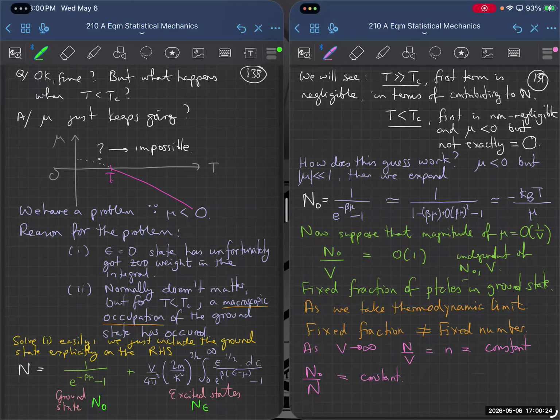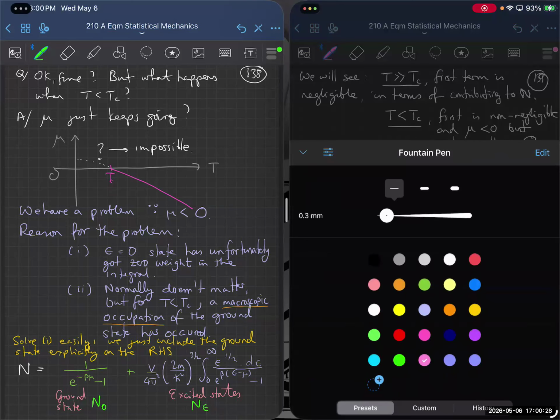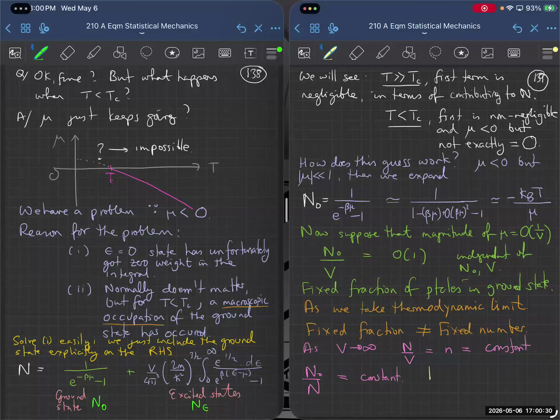And if it were different than this, if on the other hand N naught did not scale like the volume, then N naught over N would go to 0 as N goes to infinity. And that's indeed what happens at high temperature.